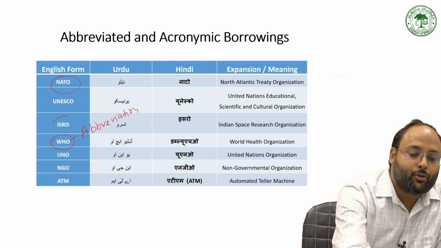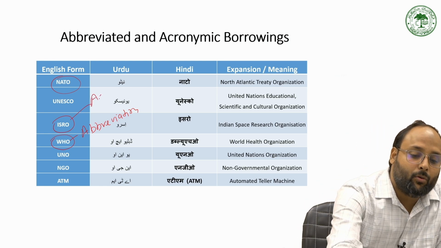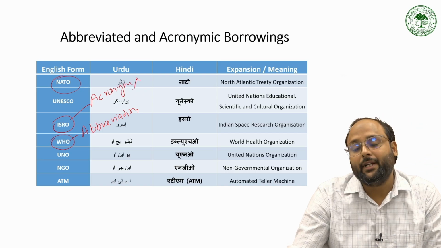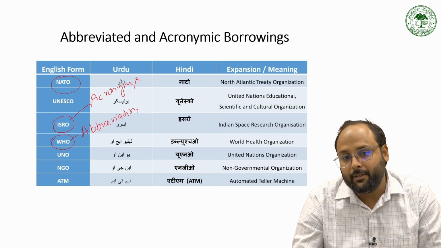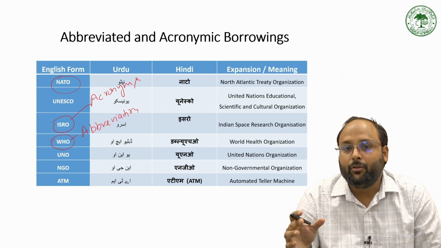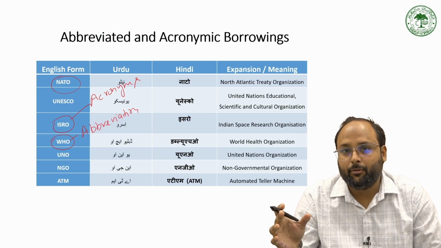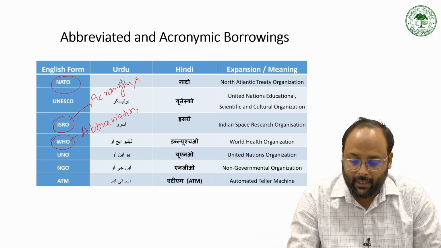And when I say ISRO, ISRO is pronounced as one word, so it is an example of acronym. So that is the difference. When every letter is pronounced separately, it is an abbreviation, and acronyms are abbreviated forms pronounced as one word without separation, like ISRO. So that is called an acronym.